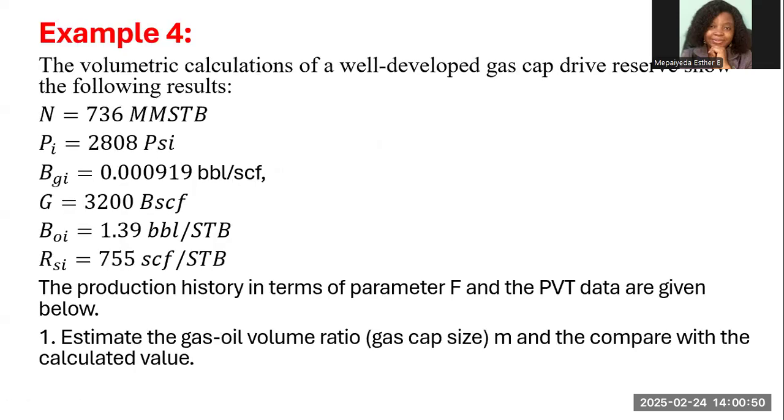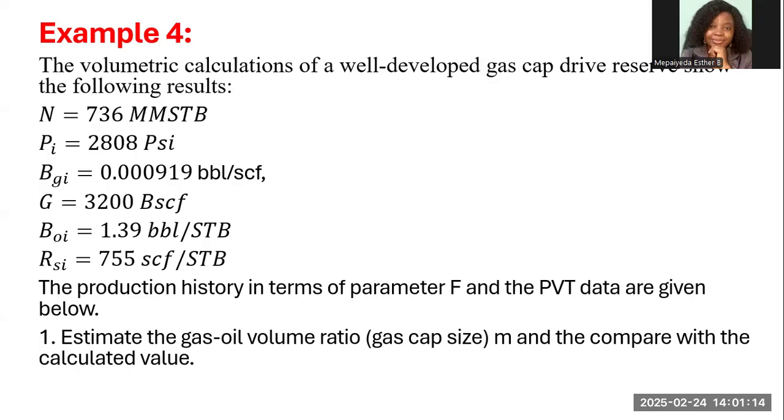Okay, so let's go to the next example, quite an interesting one. The volumetric calculations of a well-developed gas cap drive. So this is a gas cap drive. We have treated the undersaturated and saturated reservoir, a reservoir in which there is no water influx.